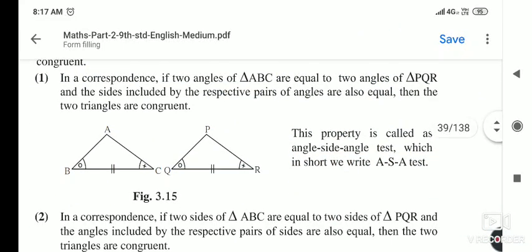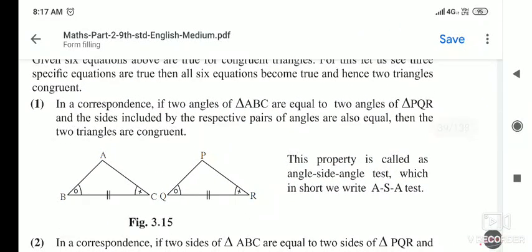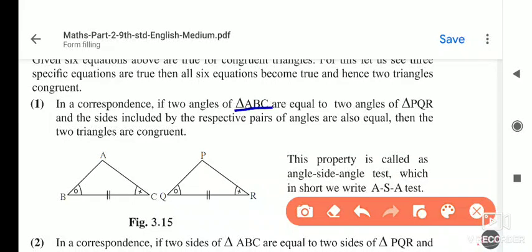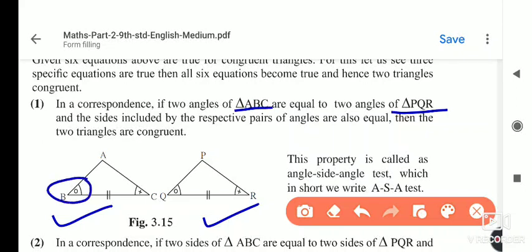So first is the correspondence of two triangles, triangle ABC and triangle PQR. If two angles of triangle ABC are equal to two angles of triangle PQR, here it is ABC and here it is PQR. If you see here B and Q, these signs are the same.